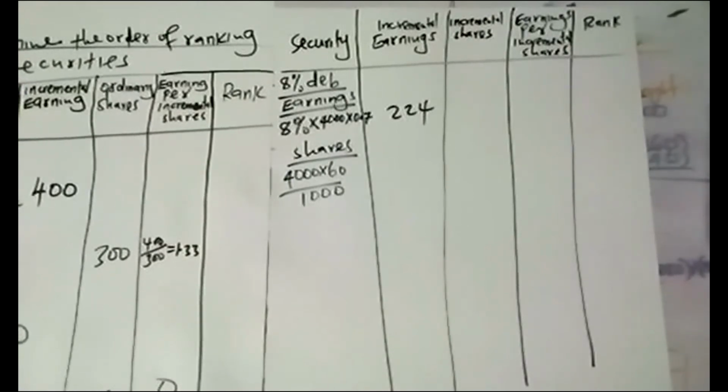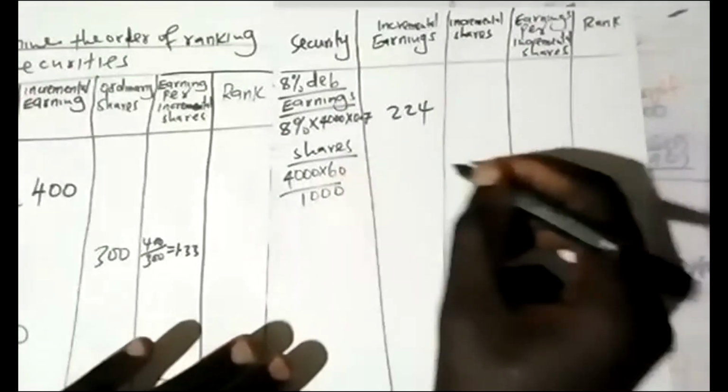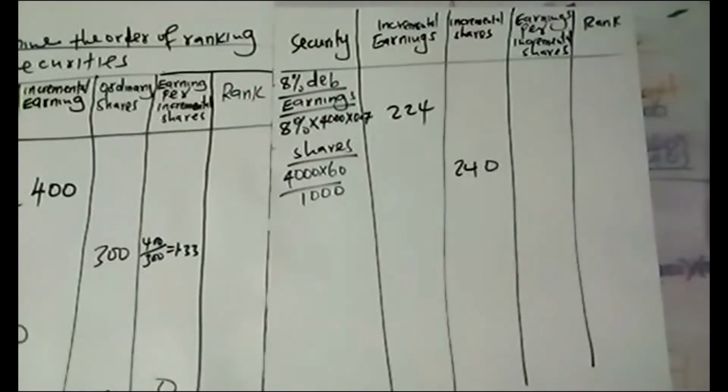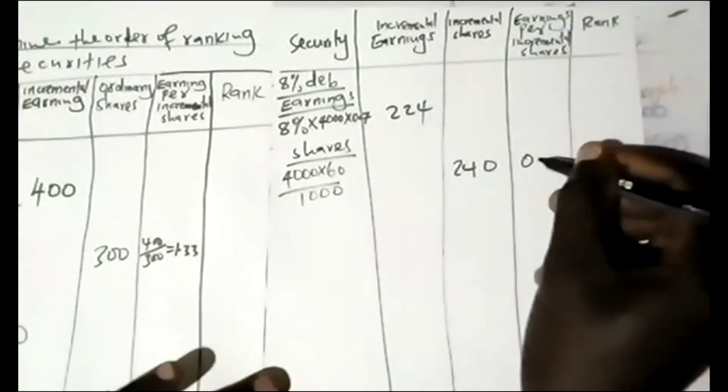After. So you don't have to split. So we are getting 240. So divide 224 by 240. 0.93.